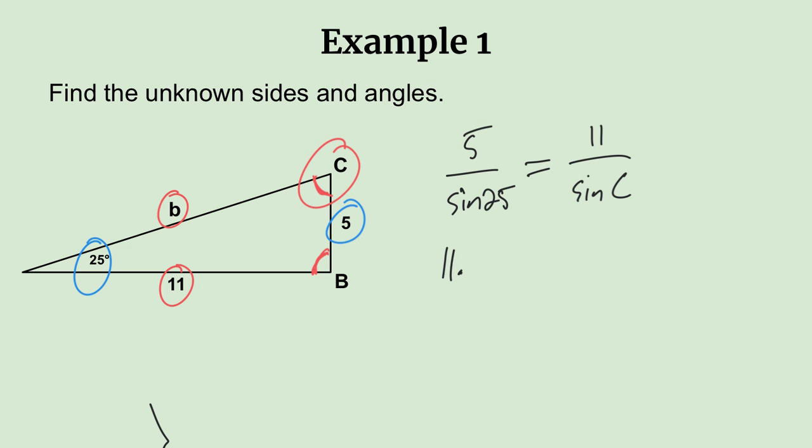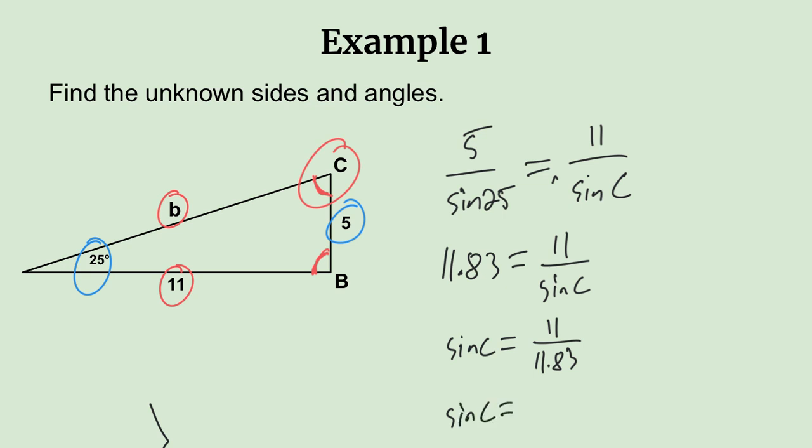So that's 11.83 equals 11 over sine C. So then we get sine C equals 11 over 11.83, which is 0.9298, and then you take the inverse sine. And you get 68 degrees.